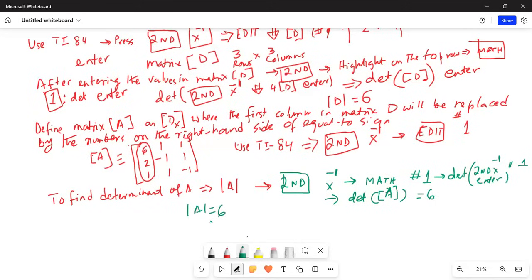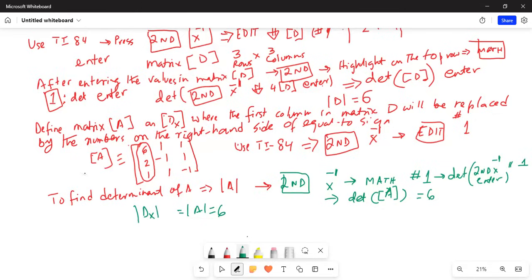Now, this is nothing but determinant of dx, where the first column in the original matrix of coefficients, I've replaced by the numbers on the right hand side of the equal to sign.